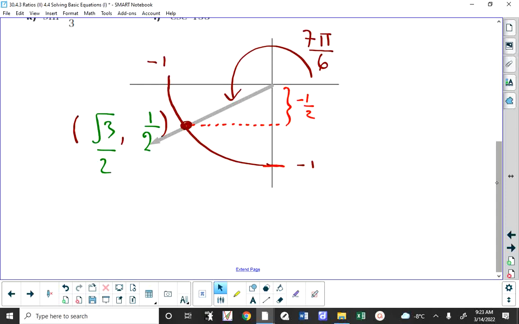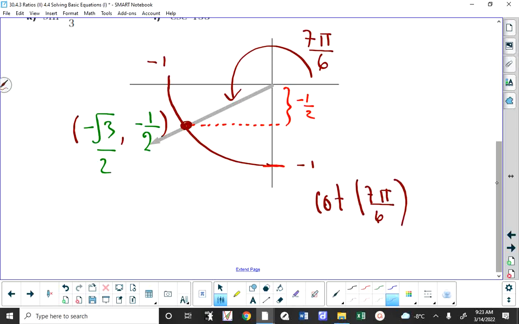We're going to say to ourselves, since it's in quadrant 3, both of these are negative. And now we can answer the question. The question was, what is cotangent of 7 pi over 6? So we run through this procedure in our head. We say cotangent is the reciprocal of tangent.